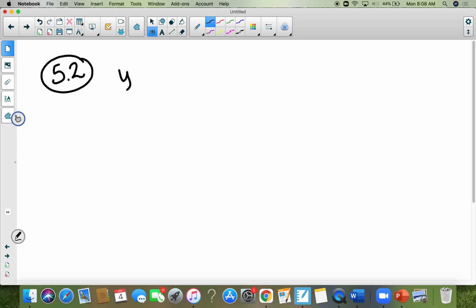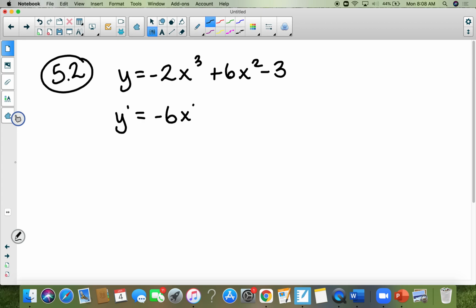For example, y equals negative 2x to the third plus 6x to the second minus 3. We learned how to find the first derivative and set that first derivative equal to 0. I'm going to take out a negative 6x.